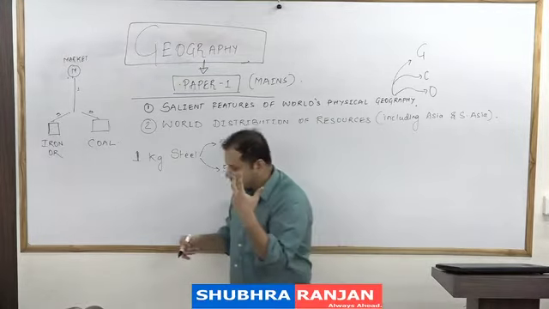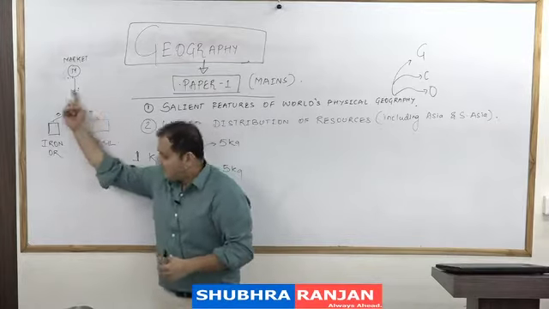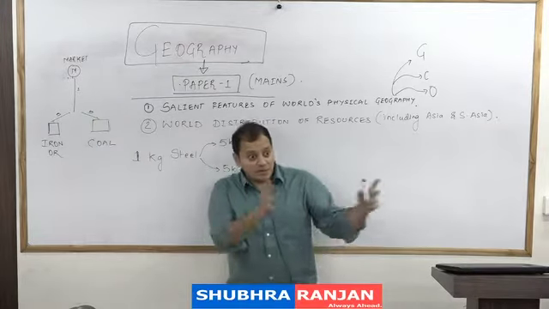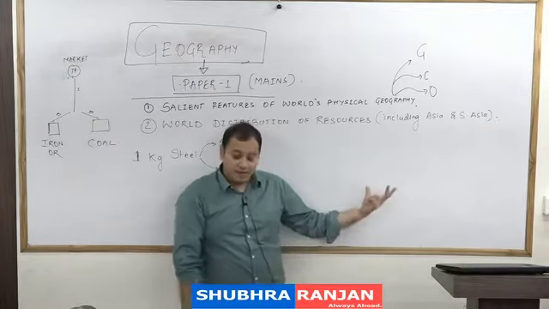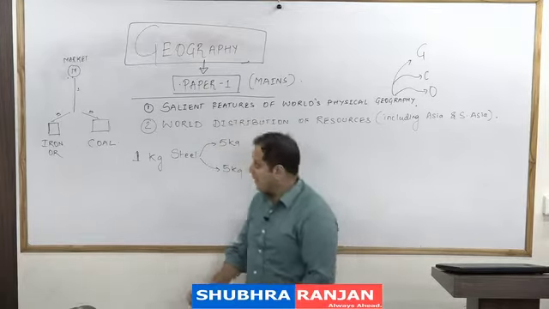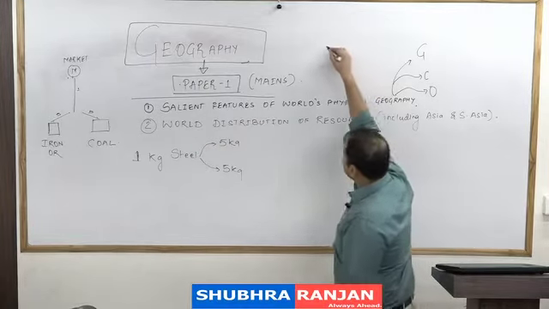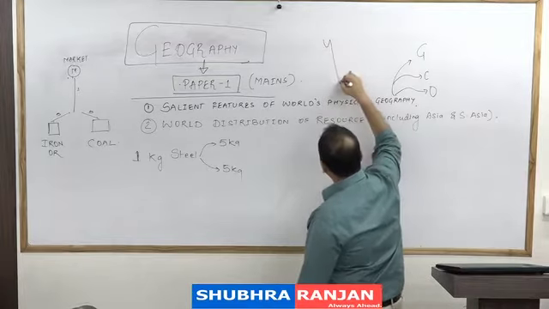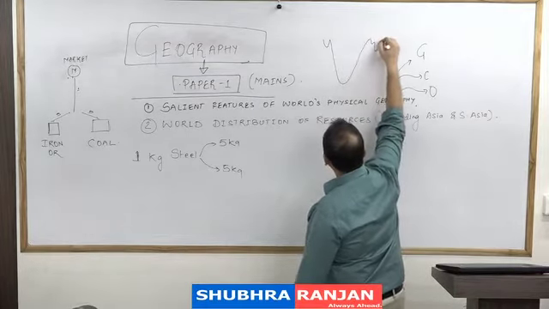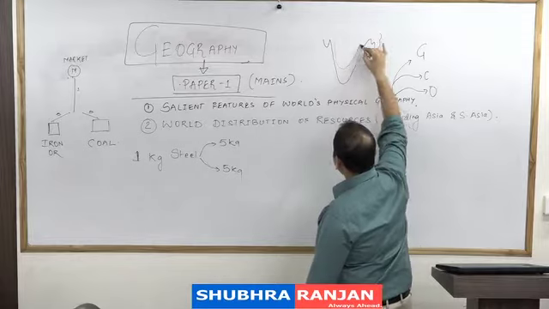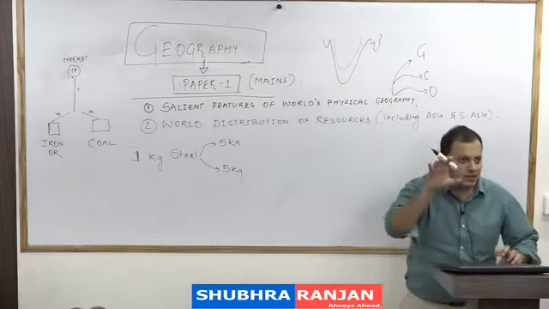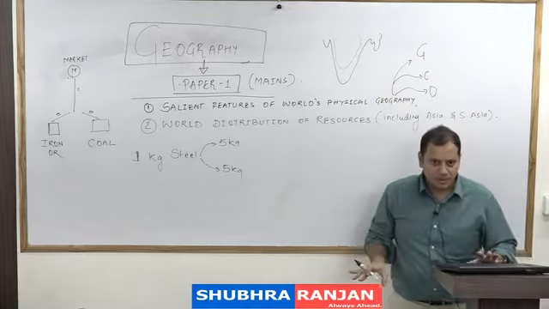So when we study this part, apply this to the raw materials. Why the raw materials are there, we will understand while doing the geological time scale. But if we look at the distribution of raw materials in India, most of the raw materials are in the peninsular plateau region, and therefore industrialization is greater in the peninsular plateau region.